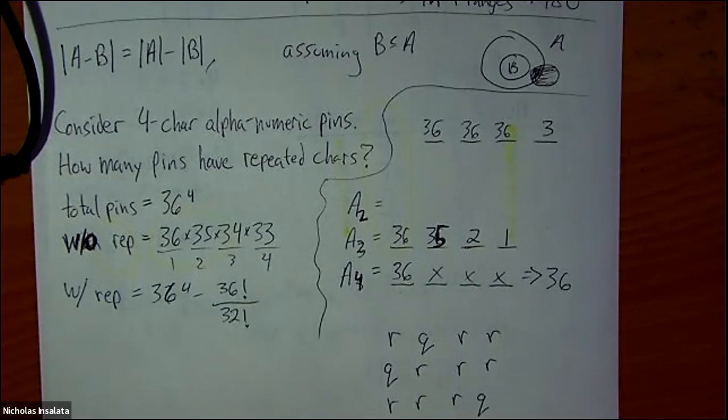Yeah, how many ways are there to arrange 2 characters in 4 slots where 3 are the same?